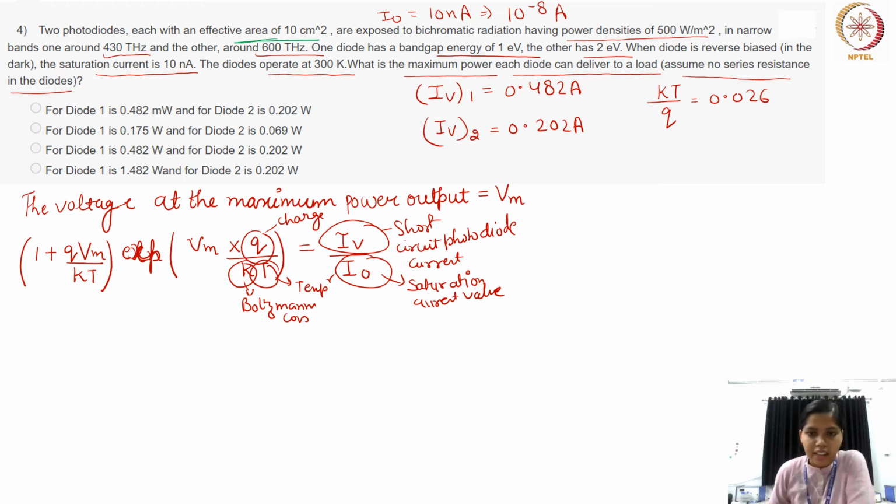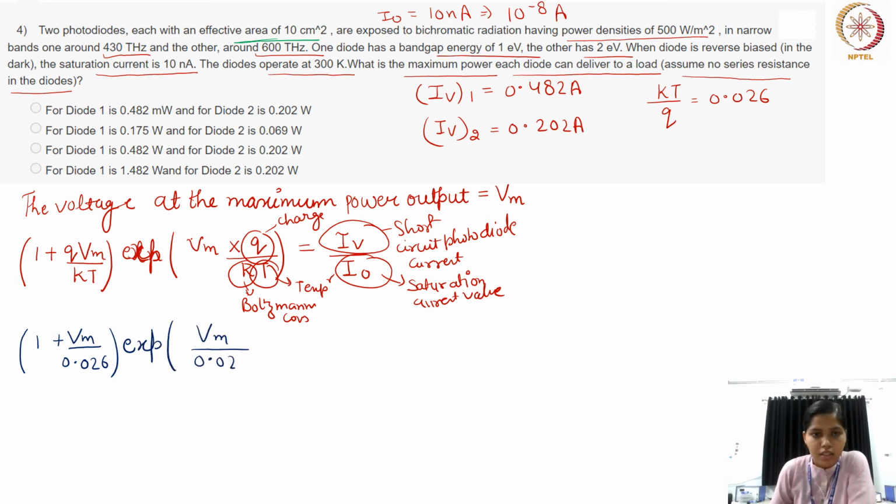So when we rewrite this expression, we can write it like 1 plus Vm divided by 0.026 times e exponential of Vm divided by 0.026, and then equals to, for the first photodiode if I am considering, 0.482 divided by 10 raised to the power minus 8.